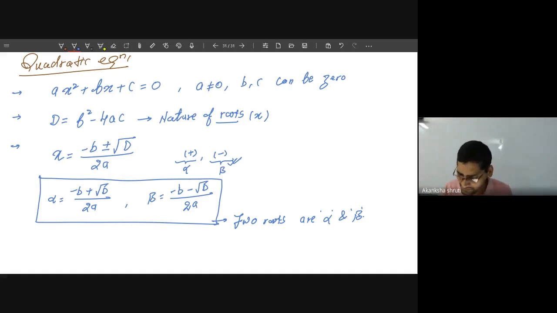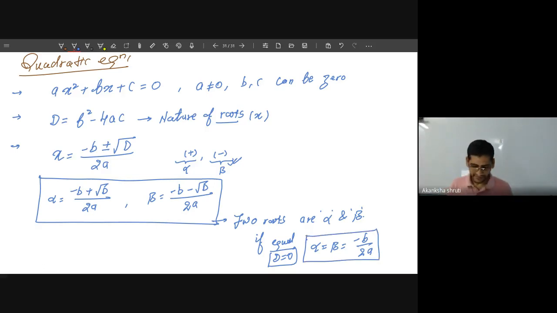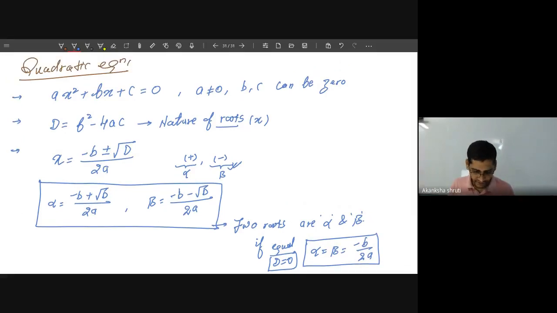At that time, if equal, then alpha is equal to beta, which is minus b by 2a. For equal roots, this can happen only if d is equal to 0. This is the roots obtained, but in general this is the formula.